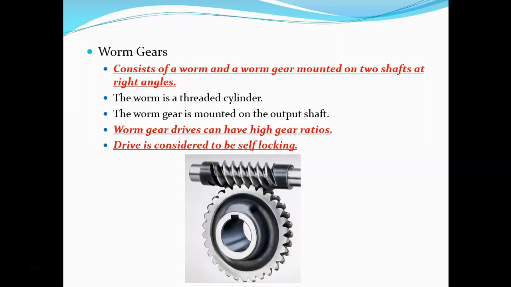So these consist of a worm and a worm gear, and they're mounted on two shafts at right angles. These are always going to be right angled gears as well. They won't be parallel shafts.